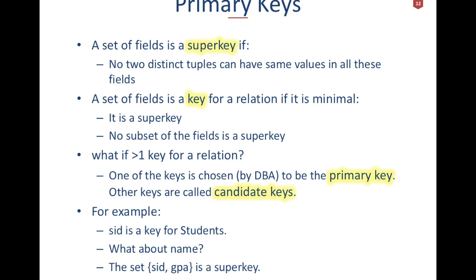Because SID alone is a unique key, I have to have SID as the primary key, because we said the primary key is the minimal super key. So SID and GPA is not minimal, SID is the primary key. However, SID and GPA is also going to be unique per tuple.